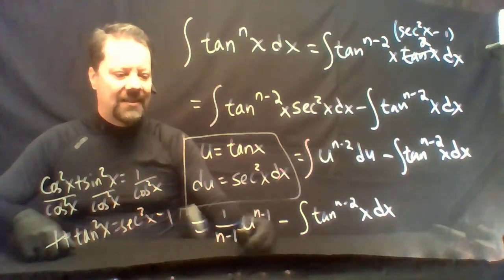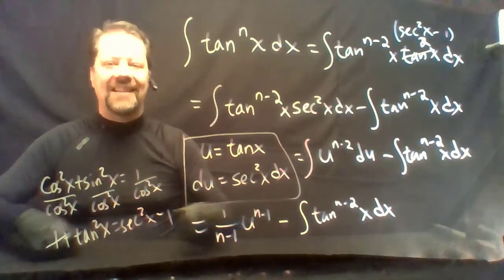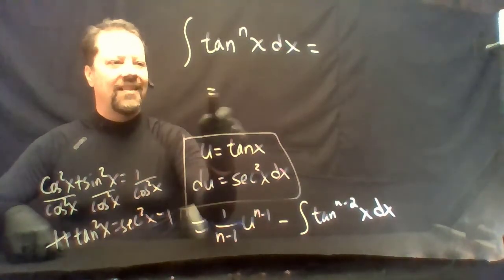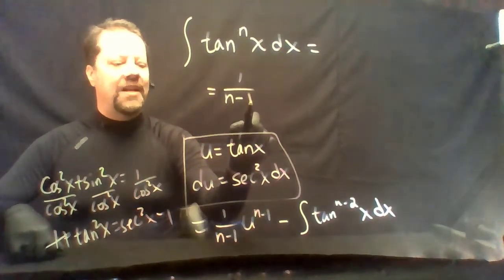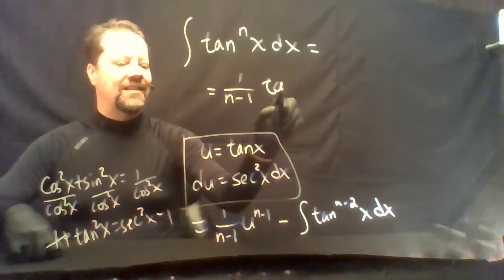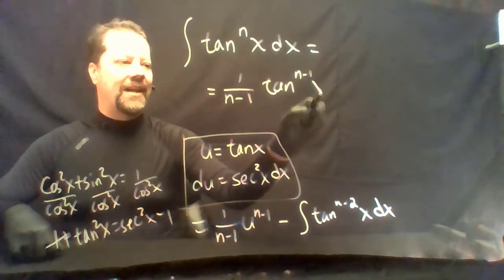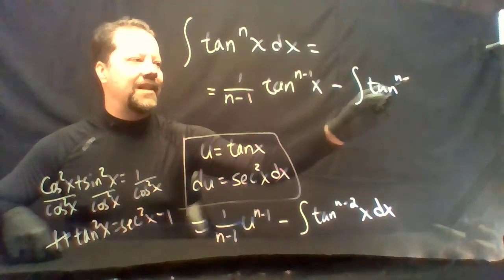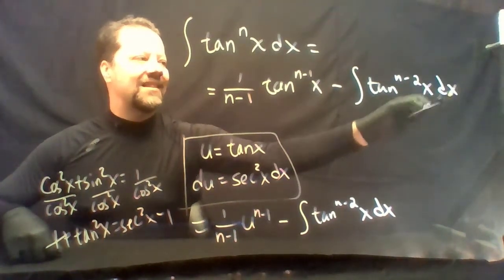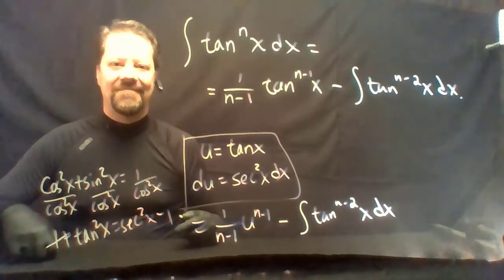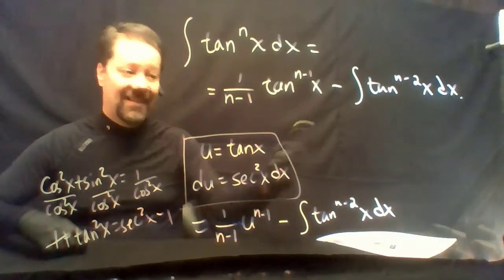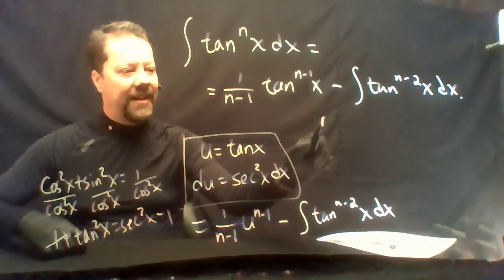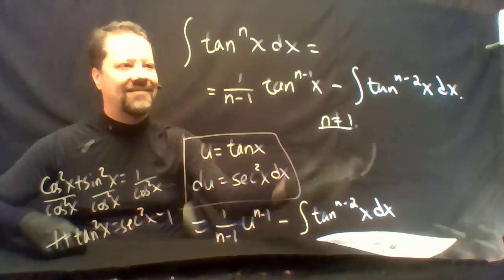We're almost done. We just need to substitute back. We'll have 1 over n minus 1 tangent to the n minus 1 x minus the integral of tangent to the n minus 2 x dx. This works, of course, provided n is not 1.